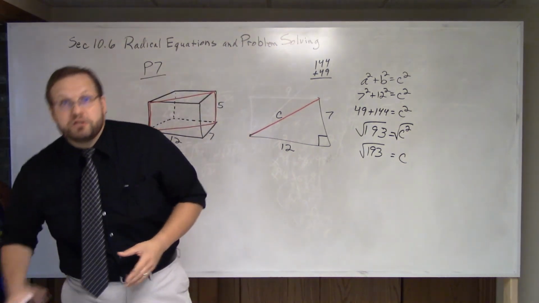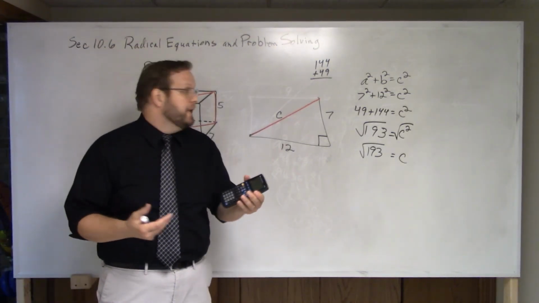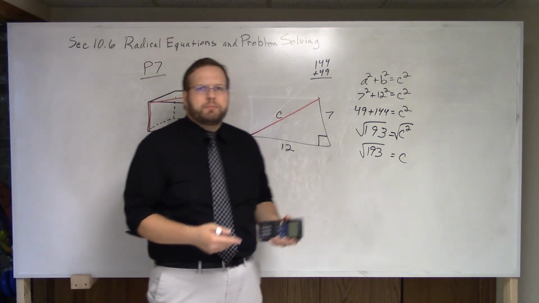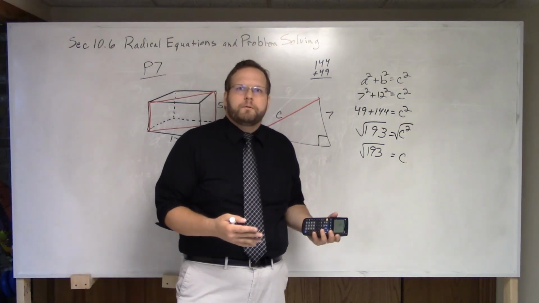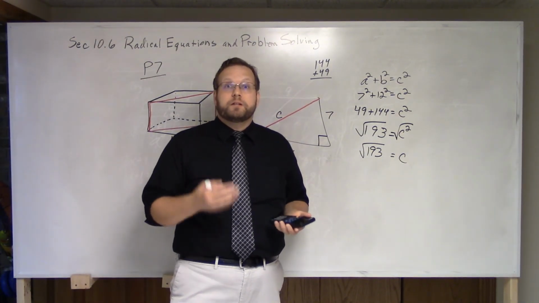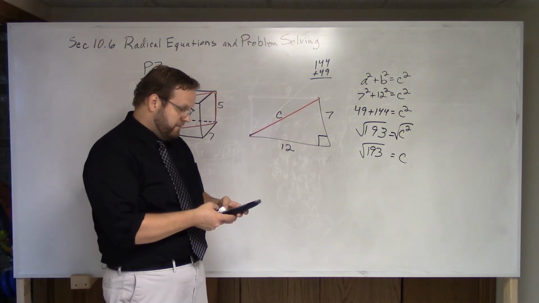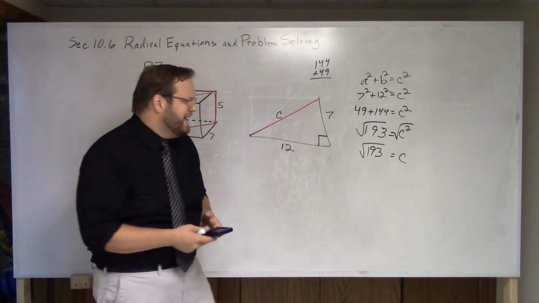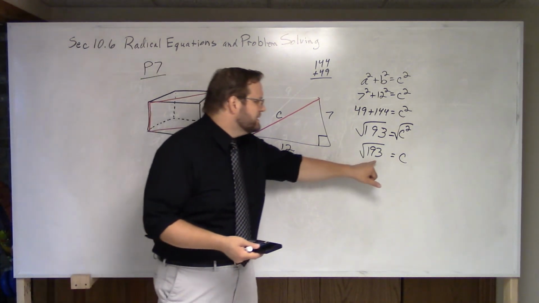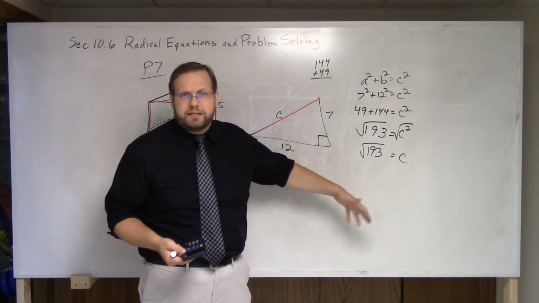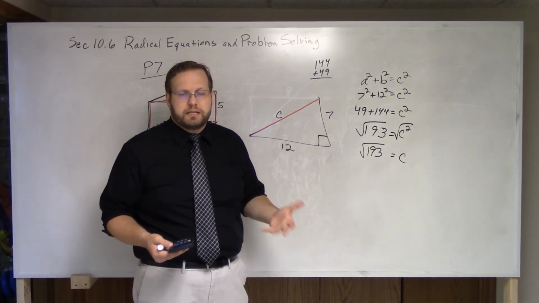Again, if that means you need to pick up your calculator, pick it up. I'm not going to divide that. I'm not going to see if this divides by 2 or 3. I'm going to look at the perfect squares. Okay, so I would just take 193 divided by 4. Doesn't work. Okay, and I shouldn't even have to plug that in because this is an odd number. 4 is not going to work. It's an even number. It's not going to divide.